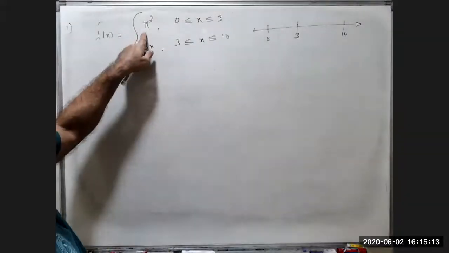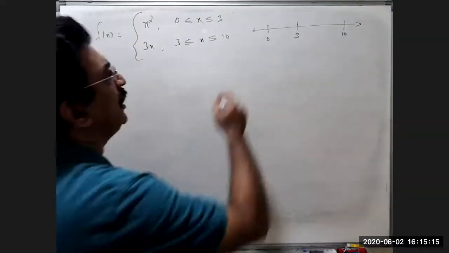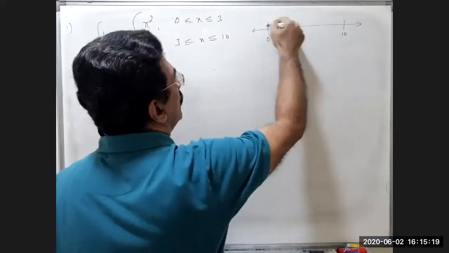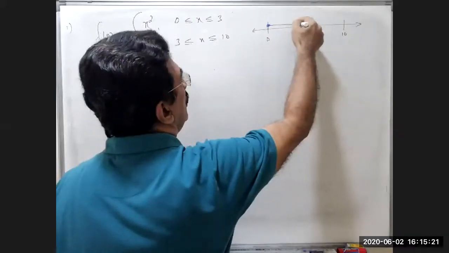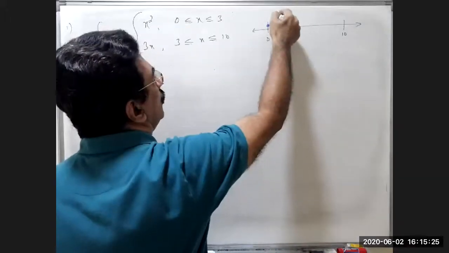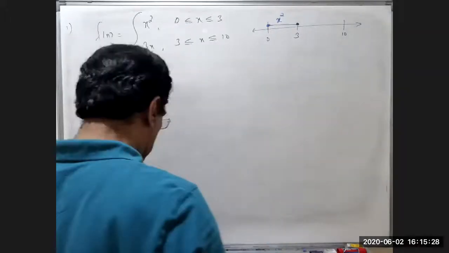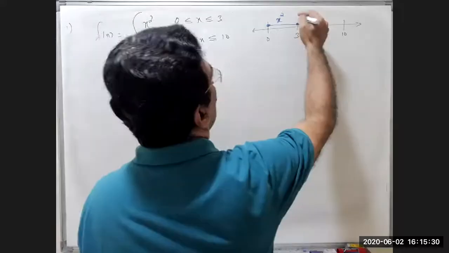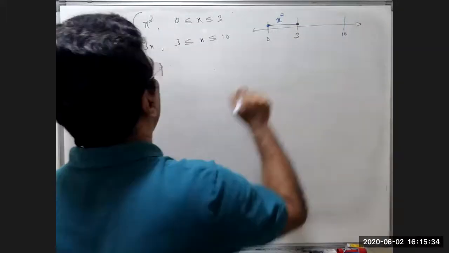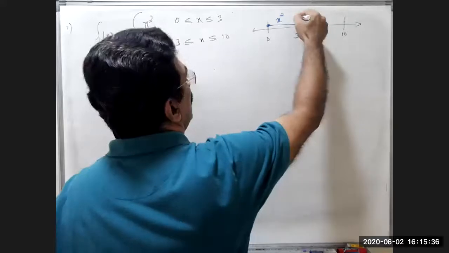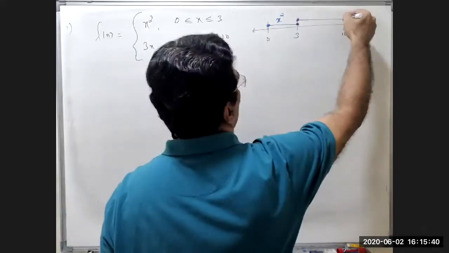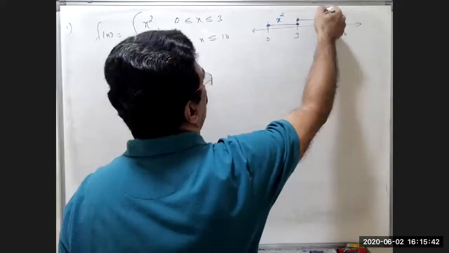According to the definition, from 0 to 3, our relation is x squared, and from 3 to 10, it is 3x.